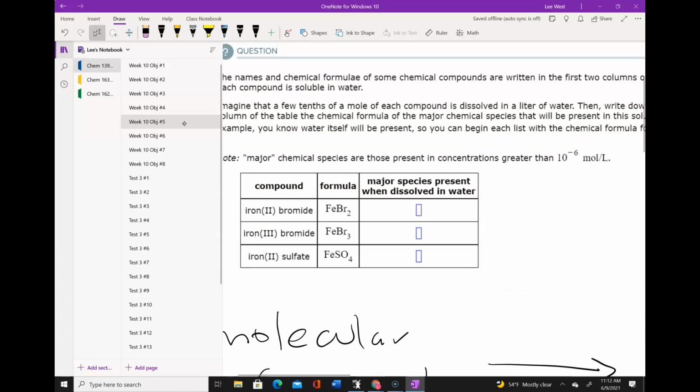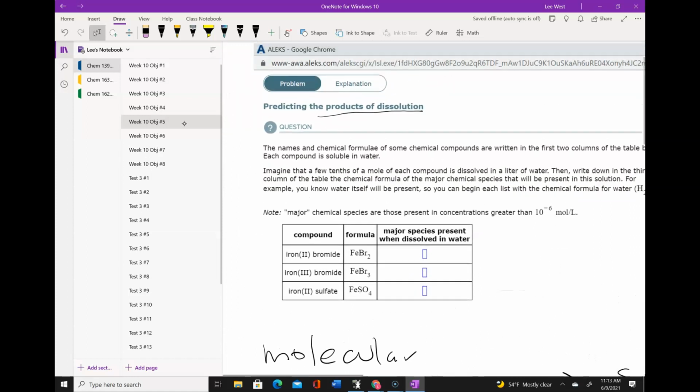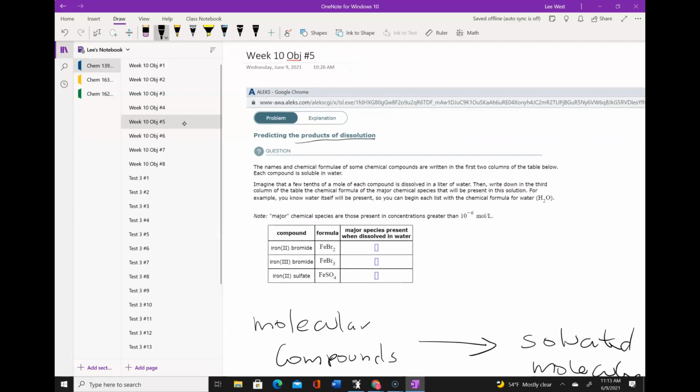So we have to list out everything that is going to be present in an aqueous solution of each of these compounds. And we should also begin by recognizing that there's going to be solvent molecules present in each case. So each of these lists are going to begin with H2O.